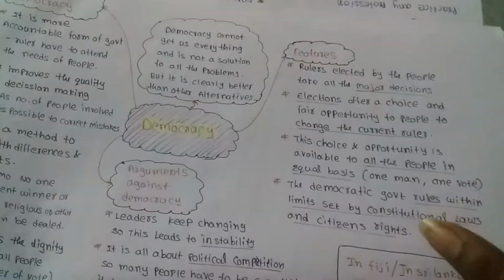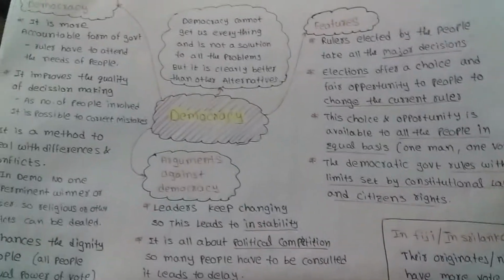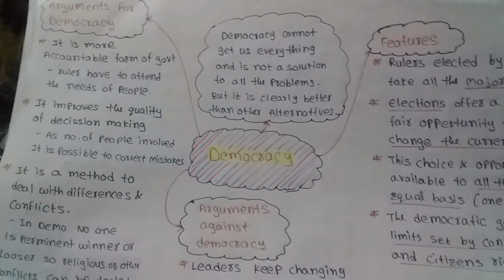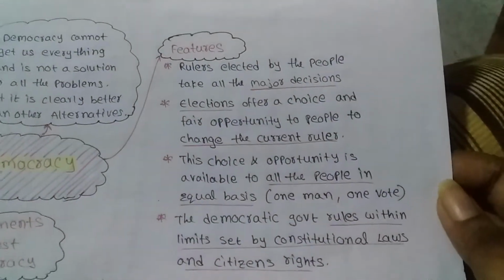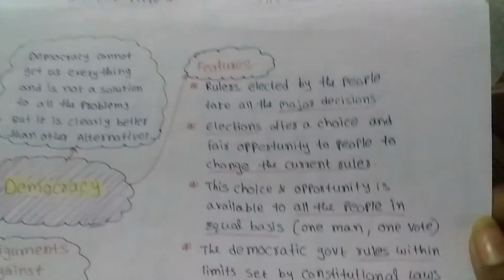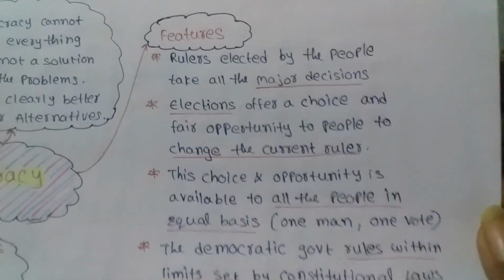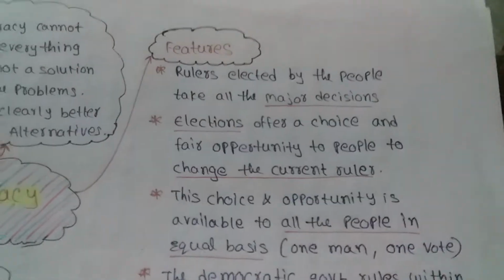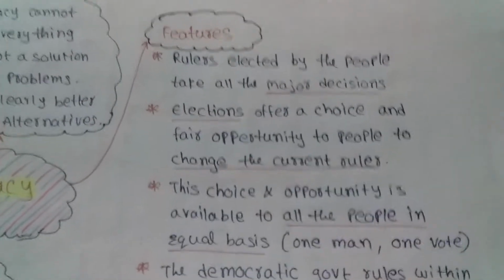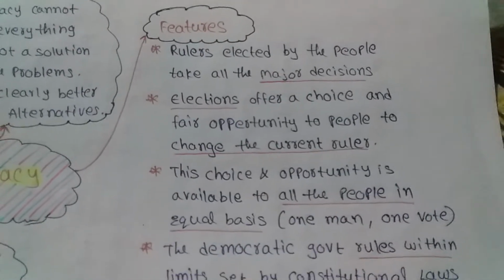Now, let's see the democracy features, arguments against democracy, and arguments for democracy. Let's start with the features, okay? There are many features of democracy, like rulers elected by the people take all major decisions, and elections offer a choice and a fair opportunity to people to change the current ruler.